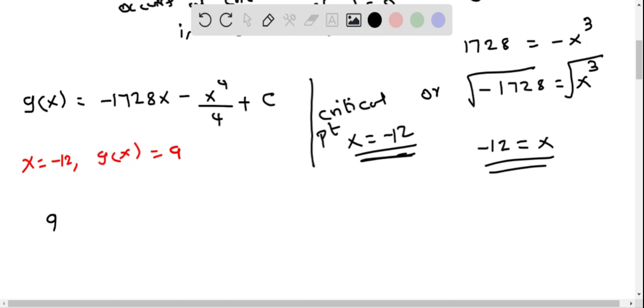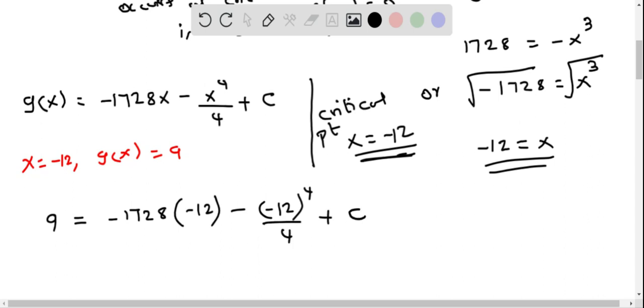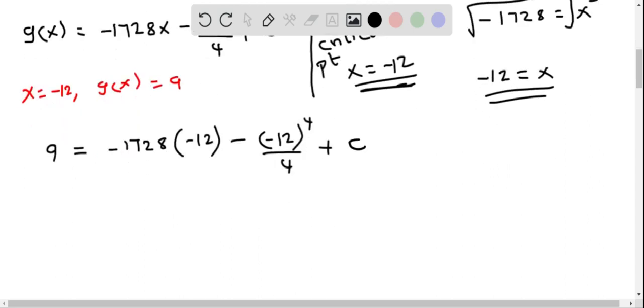So let's do that. This side becomes 9 equals -1728 times -12 minus -12 raised to the power of 4 divided by 4, plus the constant of integration. Let's simplify this. This is 9 equals, we can multiply 1728 by 12. We have a positive number because we have two negatives. We are getting 20,736 minus -12 raised to the power 4.